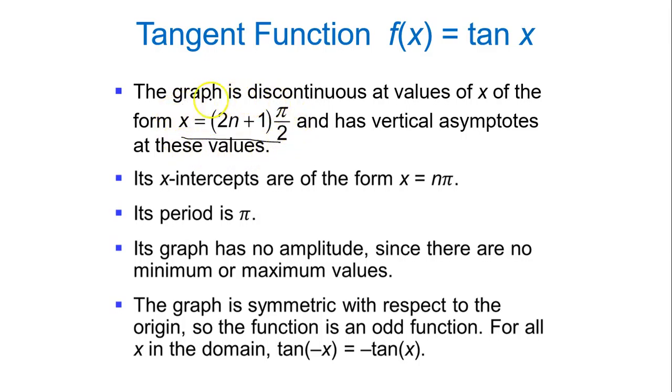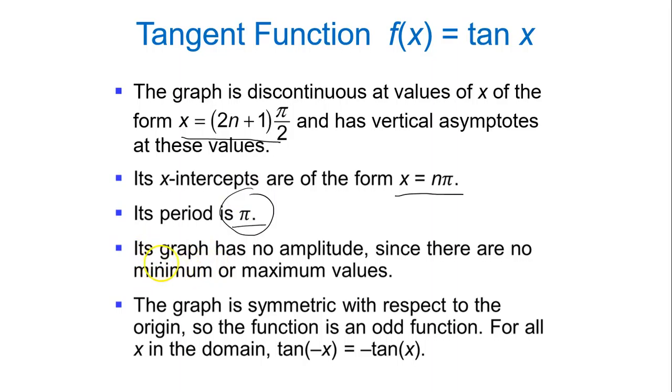Another property is that the x-intercepts are of the form this here, which helps you find all the values where it crosses the x-axis. And its period is pi. Remember, for sine and cosine functions the period was 2 pi, but for tangent and cotangent, it's going to be pi.